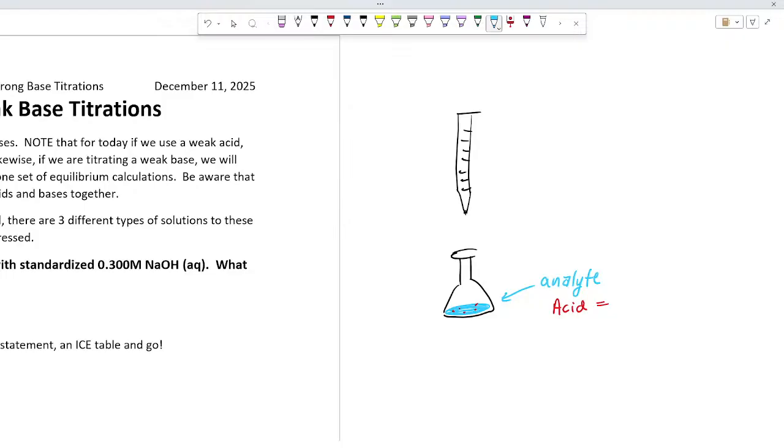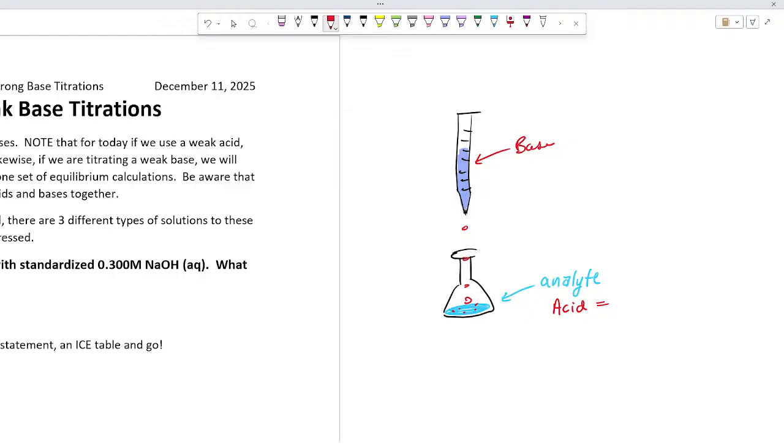And then up here we have the base that we were using to do our analysis. And we would drip it in, and as we did so, we would wait for the equivalence point. Remember all that?